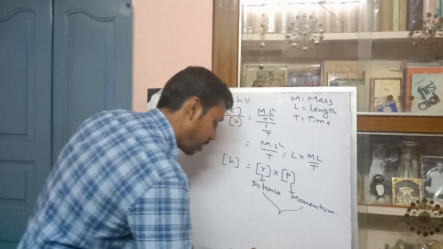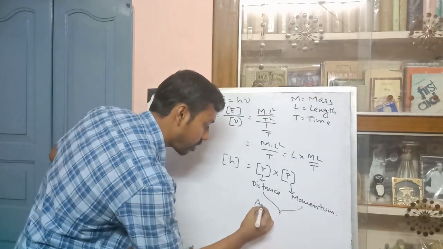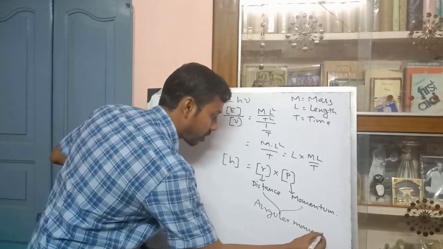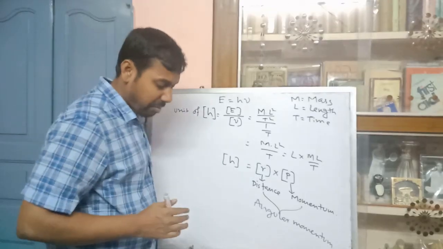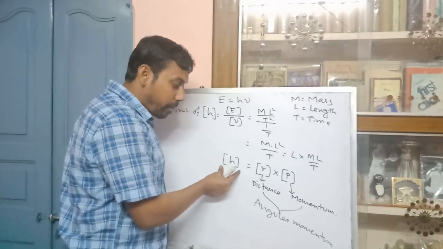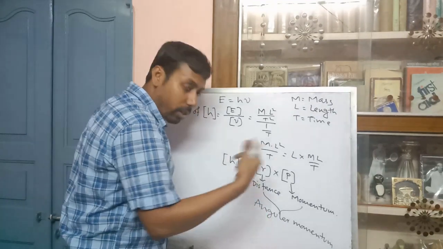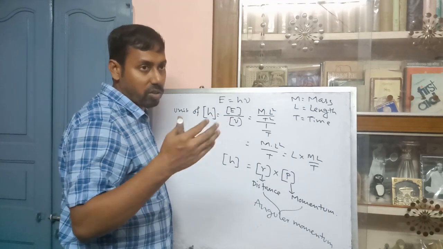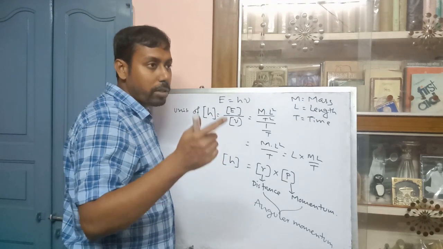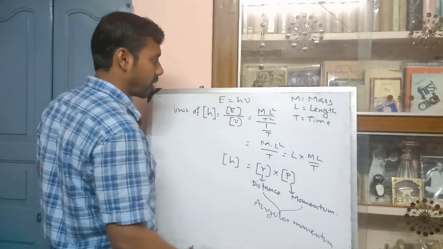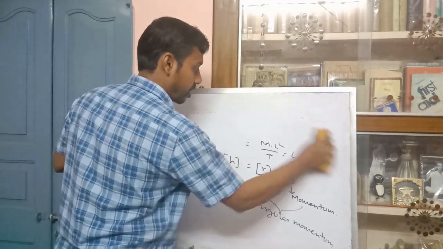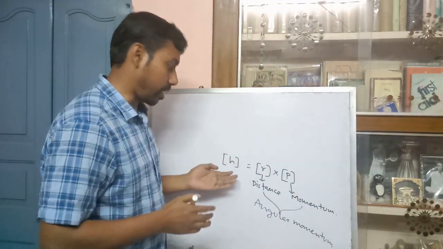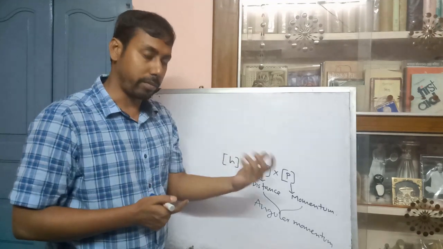That gives you the unit of angular momentum. So the unit of h is equivalent to the unit of angular momentum. That's why we have seen that the spin half electron has angular momentum equal to half into h cross. You know that. That's related to h. So h gives you the angular momentum.